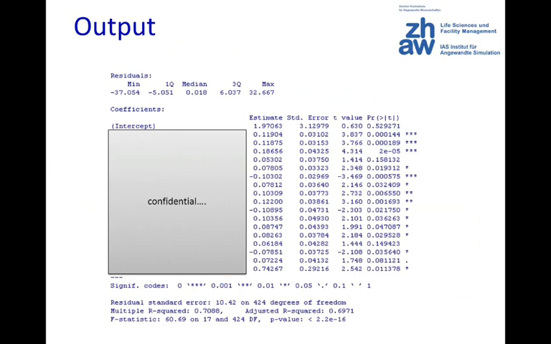The output of such a regression analysis, unfortunately the data here is confidential, is a list of coefficients which may be significant and coefficients which may not be significant. What's very interesting is the estimate of the coefficients.